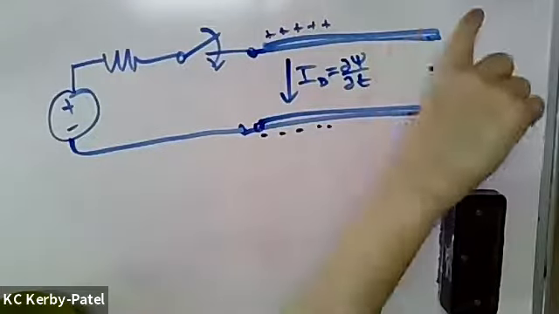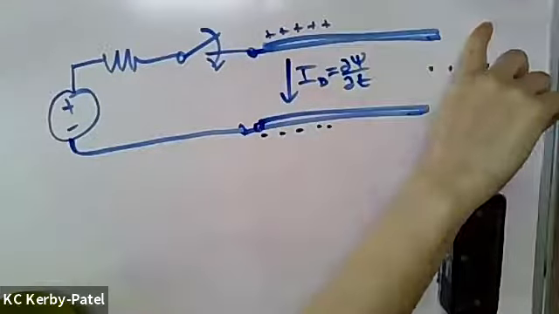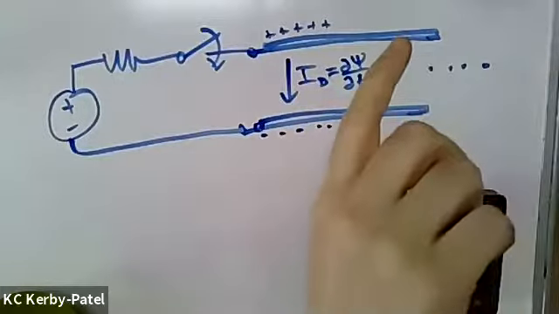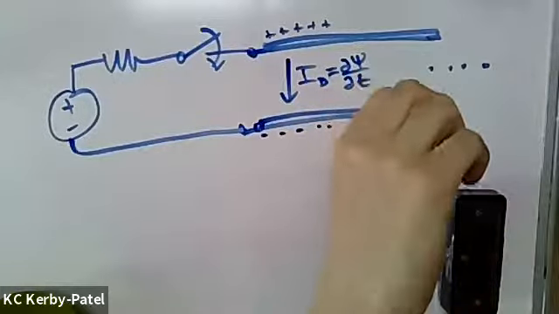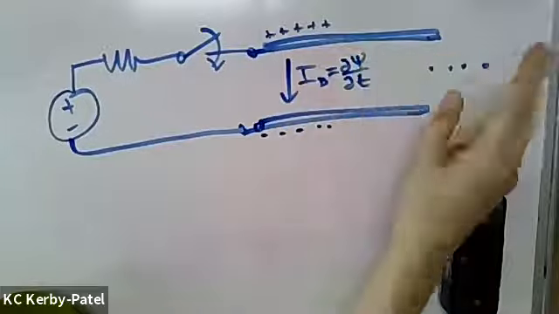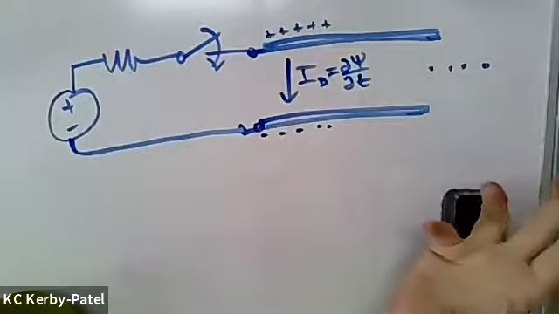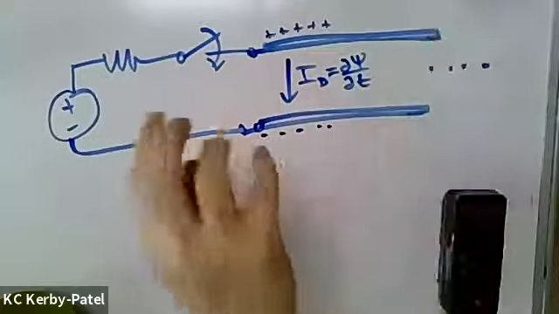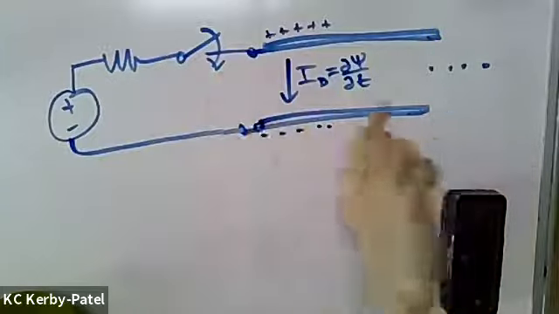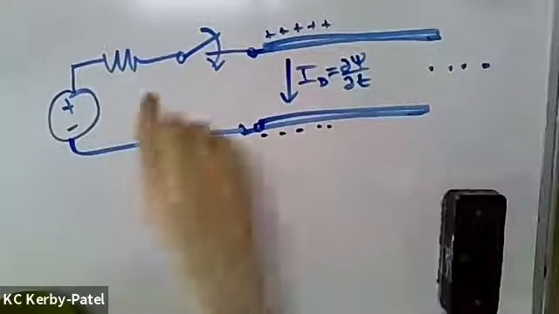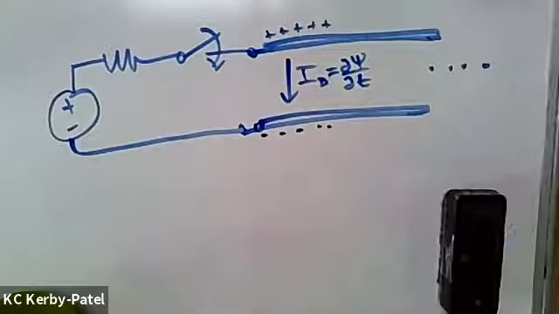Eventually, current does reach the load, but the current that reaches the load is sort of induced by many successive cycles. It's not as though they're discontinuous and there's one cycle and then another cycle and then another, but it's induced by this process of displacement current and EMF and displacement current and EMF propagating down the transmission line.